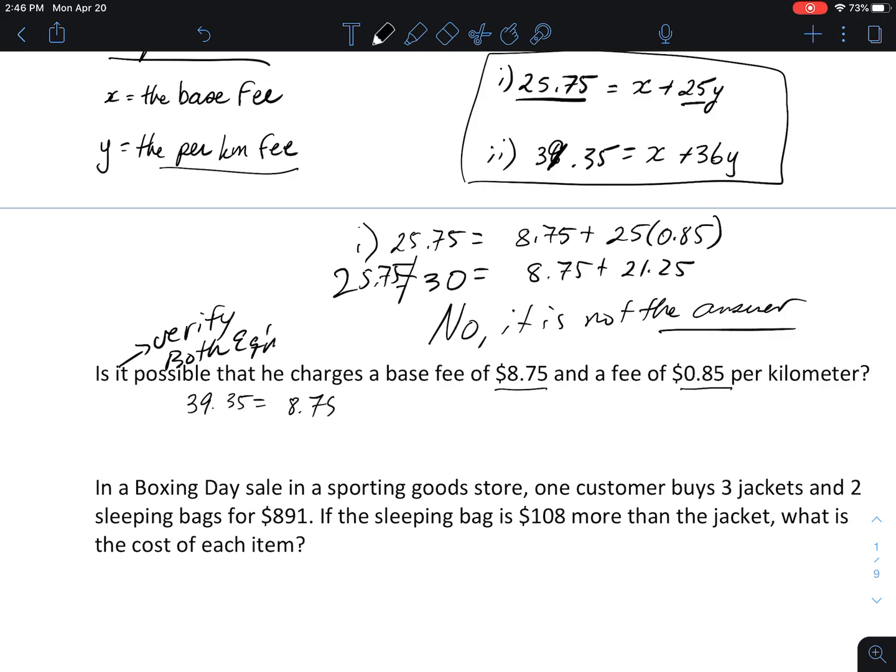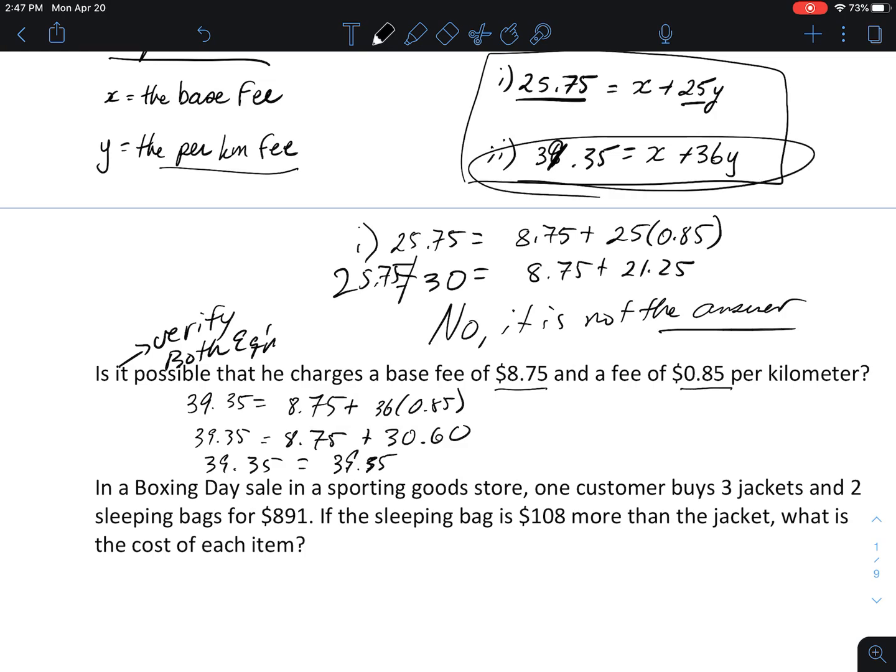Just for fun, let's see if it works in the other equation. 39.35 is $8.75 plus 85 cents times 36. Which is 39.35. This one works.